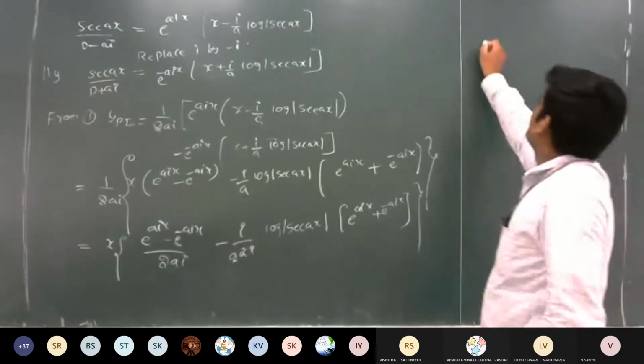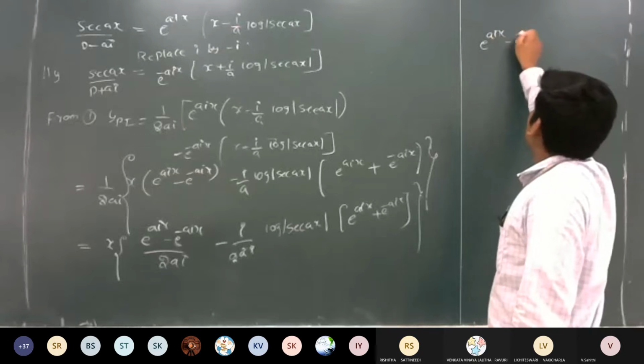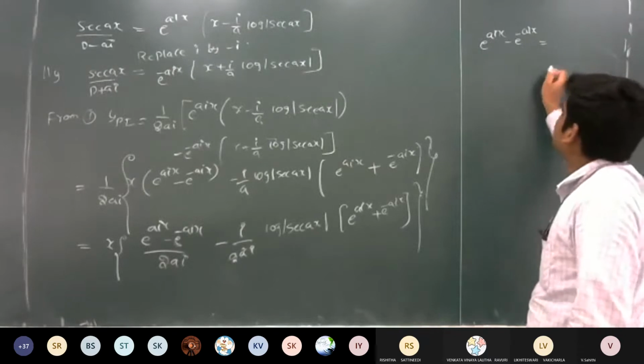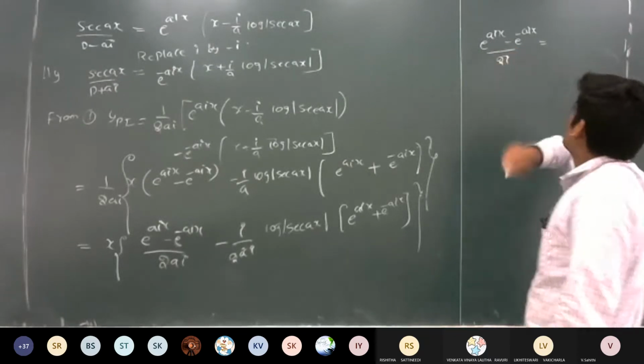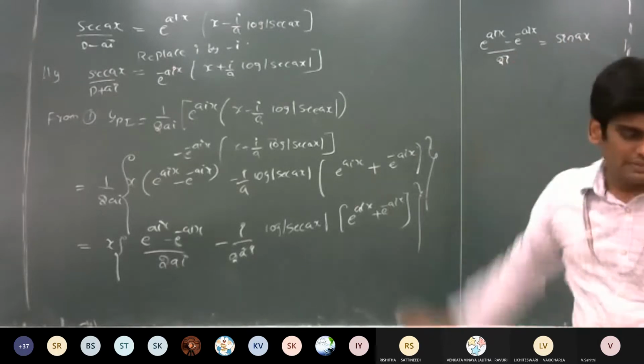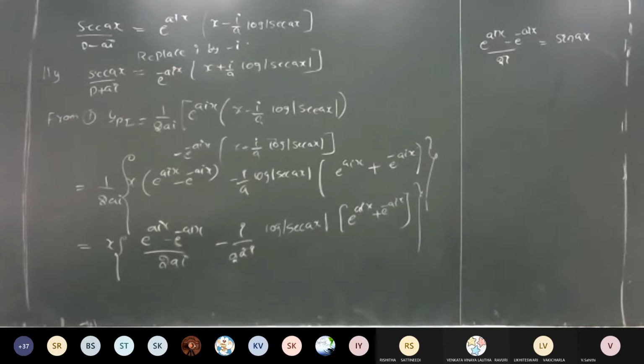Next, we know that e power ax minus e power minus ax by 2i is nothing but sin ax. Is it correct? It is sin ax, that is e power aix is cos ax plus i sin ax, minus cos ax plus i sin ax, so i sin ax plus i sin ax, that is e power aix minus e power minus aix by 2i is equal to sin ax.